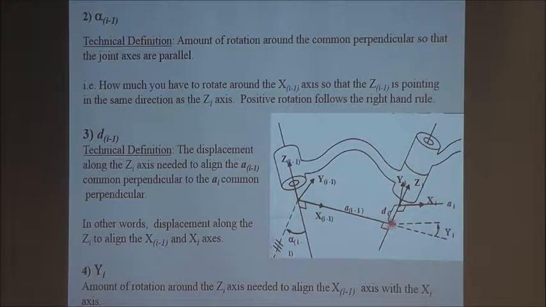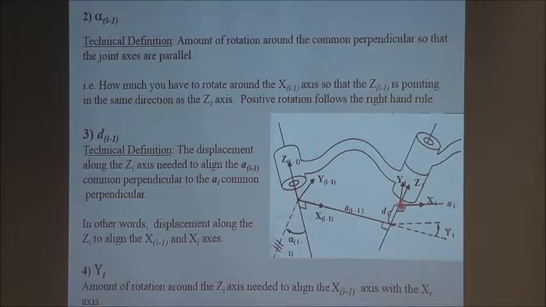Then you move along the axis d_i, which is the displacement along the Z_i axis, needed to align a_{i-1}, which is X_{i-1}, the common perpendicular, to the a_i common. So here is a_i, you move d_i to make a_{i-1} and a_i coincide in the same direction.